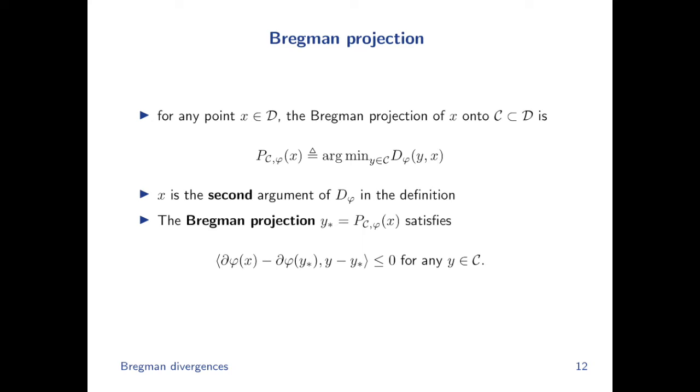This is the projection. It is going to be the first argument of the Bregman divergence, because remember, the Bregman divergence is convex in its first argument. It may not be convex in the second argument, but it is convex in the first argument.